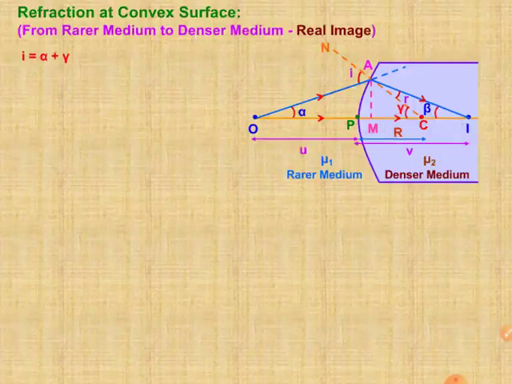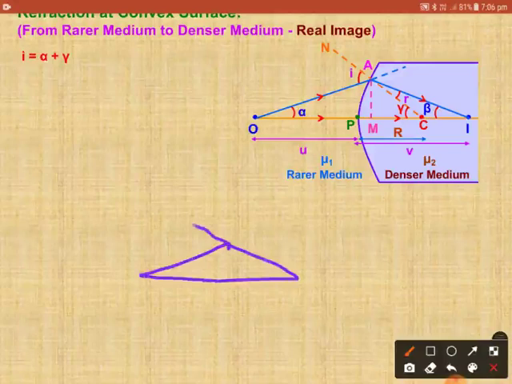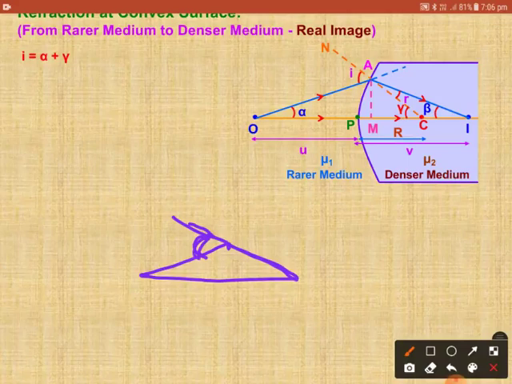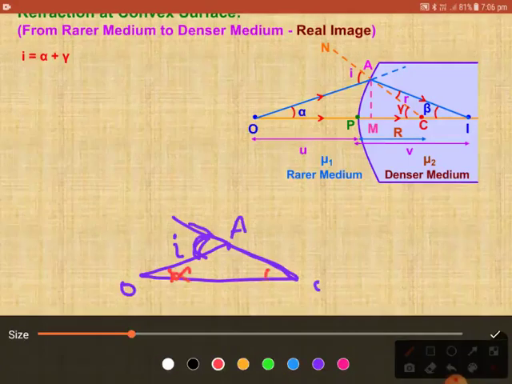In a triangle like this, if you produce this line, we call this the exterior angle. Let's take this I, similar to triangle OAC. The interior opposite angles are, this one is alpha, right?